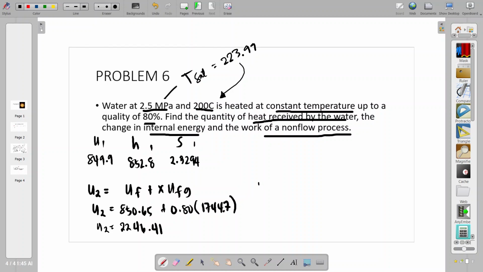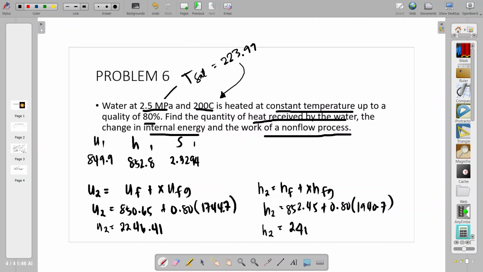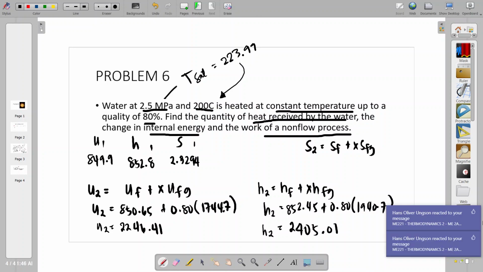Next is H2. We get that from Hf plus x Hfg. So, our H2 here at 200 degrees Celsius, Hf is 852.45 plus 0.8 times 1940.7. So, H2, when we compute, is equivalent to 2405.01. Then for S2, same, Sf plus x Sfg.